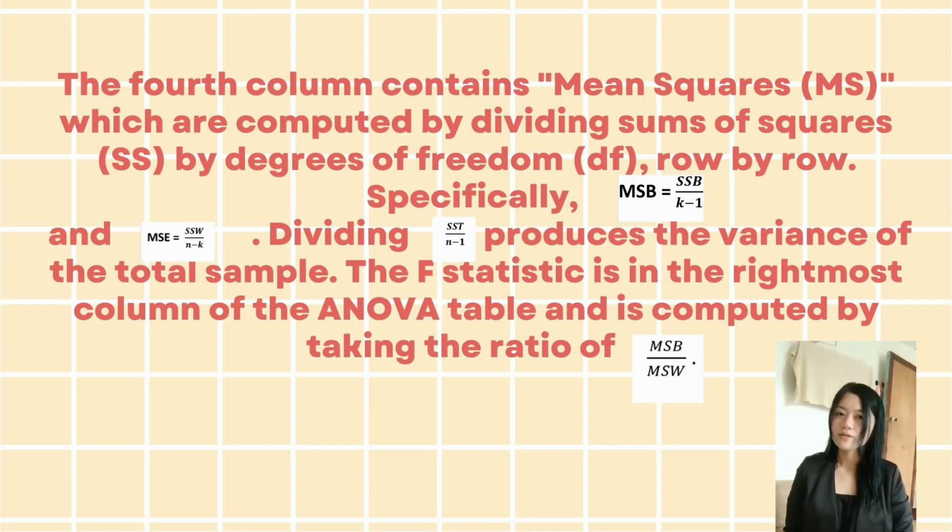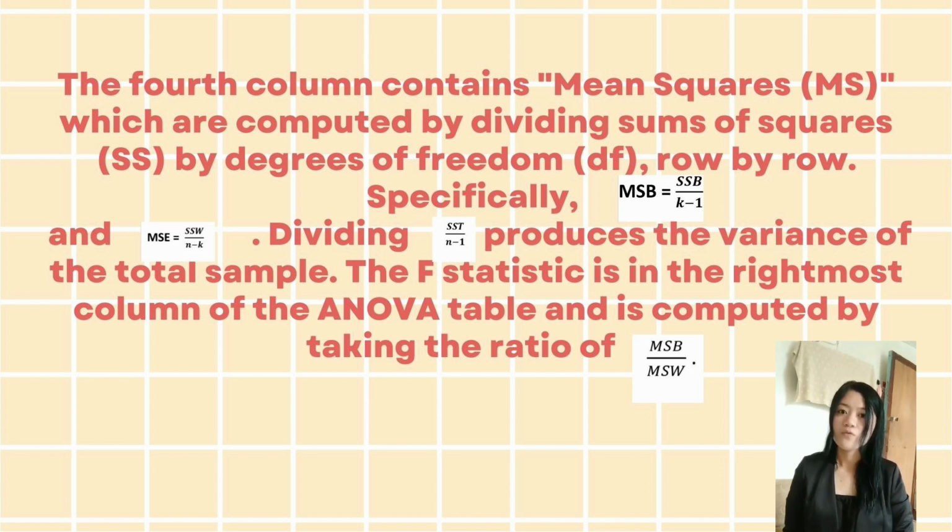The fourth column contains the mean squares, or MS, which are computed by dividing sums of squares, or SS, by degrees of freedom, or DF, row by row. Specifically, MSB is equal to SSB over k minus 1, and MSW is equal to SSW over n minus k.